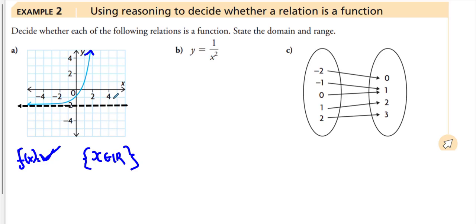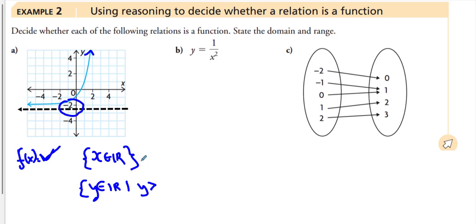Well, we know that y has to be real numbers such that y has to be bigger than a point. And what point does it have to be bigger than? It has to do with the horizontal asymptote, which, if you can see, is at -2. So y has to be bigger than -2.